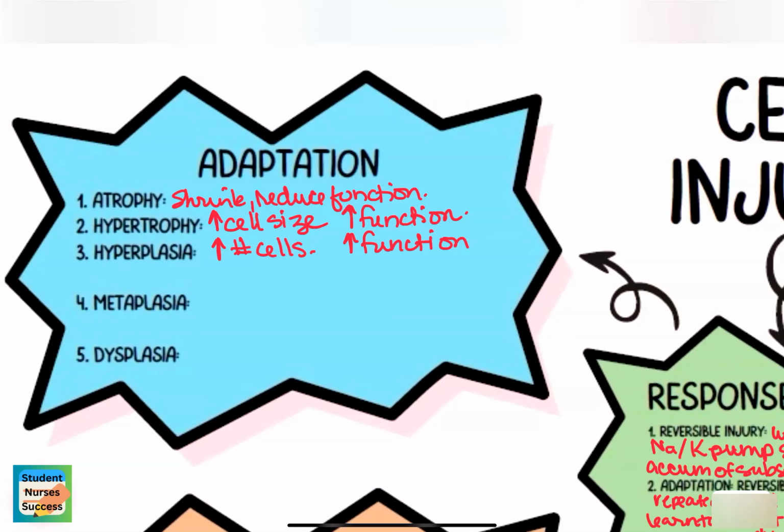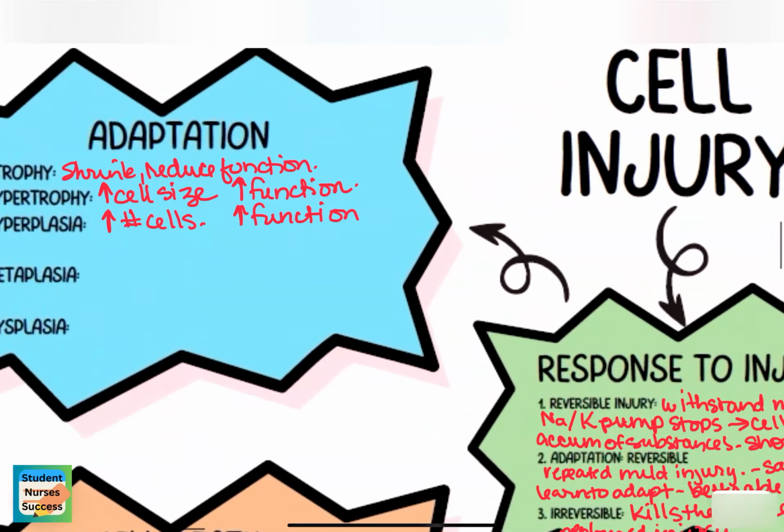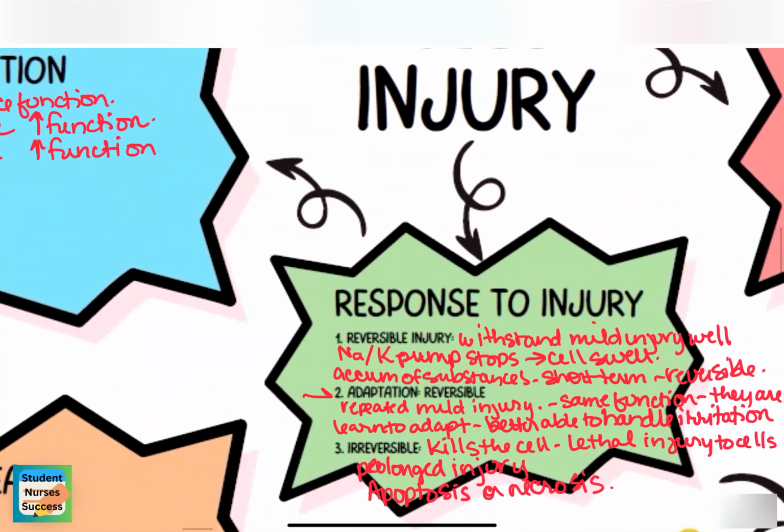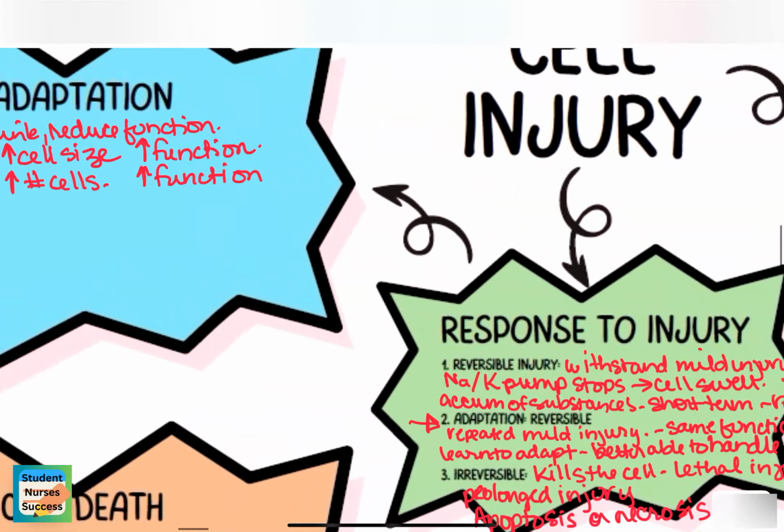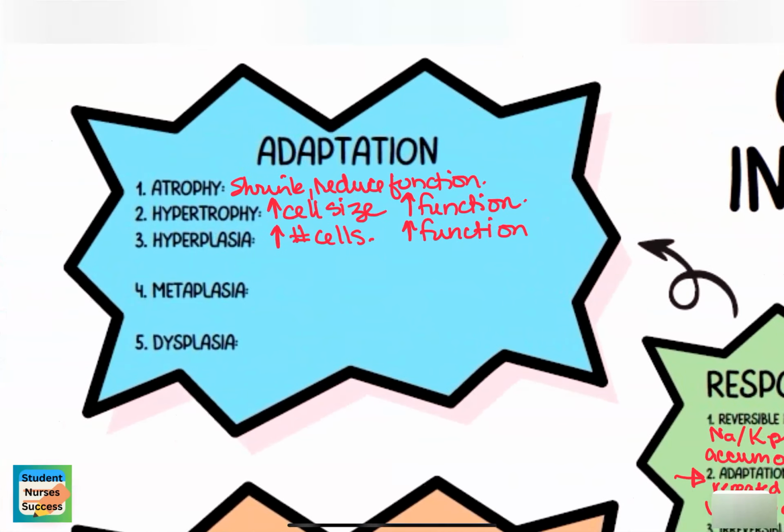Now, metaplasia is actually the one that's really interesting, and that's what we talked about in number two, adaptation on the cellular injury over here. This is actually metaplasia. What happens in metaplasia is you actually replace one cell type with another cell type that's better suited.